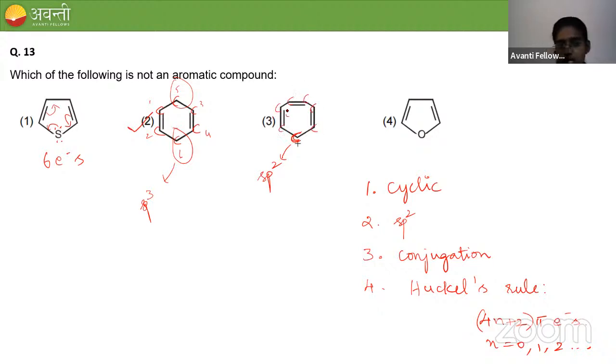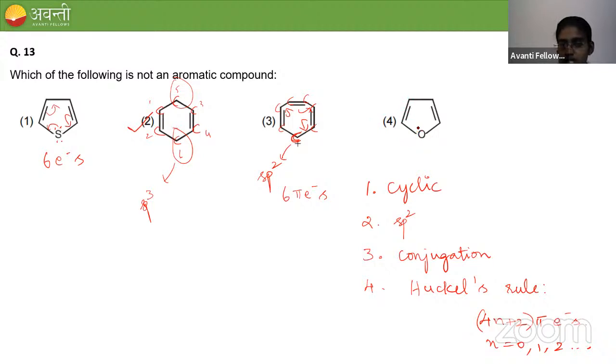And the delocalization, this conjugation also takes place. And for this conjugation, 1, 2, 3, 4, 5, 6 pi electrons are involved. So it is following Huckel's rule also. Got it? So this compound is cyclic, sp2 hybridized, conjugated with 6 pi electrons. So this compound is aromatic.